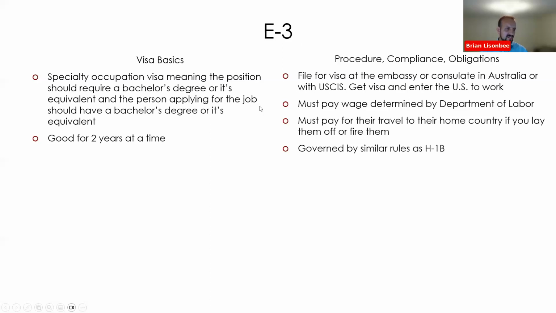E3 is very straightforward. It's for Australians based on a treaty between the US and Australia. Same thing. It's a specialty occupation visa like the H-1B. Very flexible, pretty easy to obtain, but the person has to have a bachelor's degree or its equivalent. The position must require that as well.